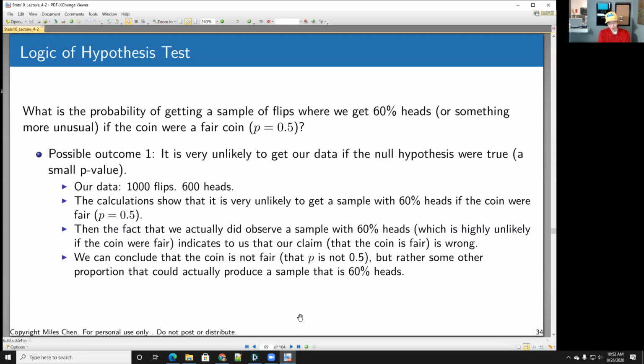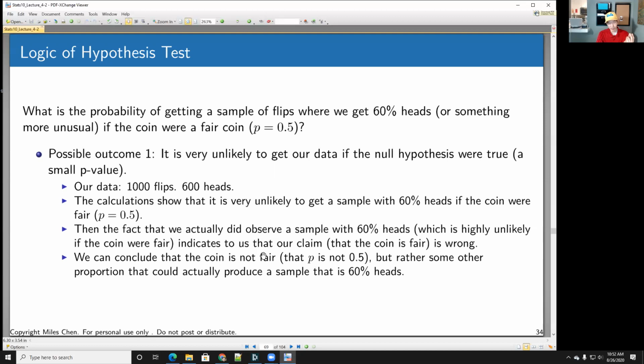The coin is not fair, and that's why I was able to observe 600 heads out of 1,000, because according to the calculations, a fair coin should almost never produce 600 heads out of 1,000 flips. So therefore the claim or the belief that the coin is fair must be wrong.